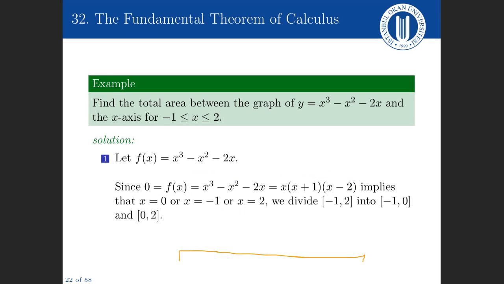So we have our interval between minus 1 and 2, and we're going to break this up at these points. The function is 0 at minus 1, at 0 and at 2. So we're going to cut our interval into 2 at 0. Then we'll have two smaller subintervals between minus 1 and 0 and between 0 and 2.